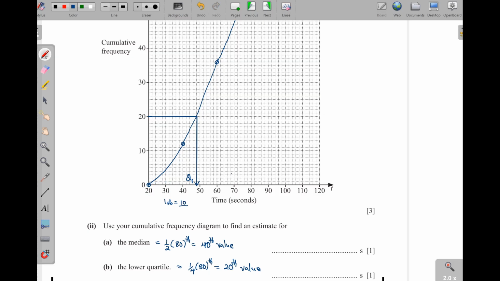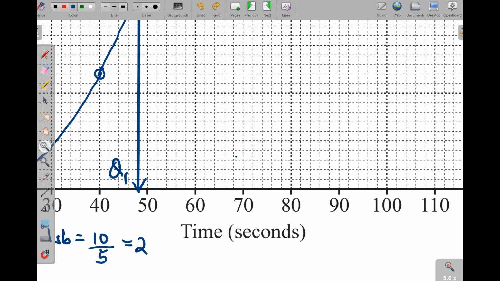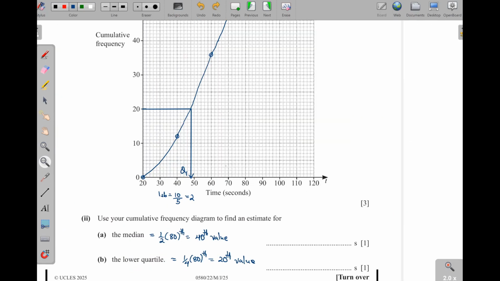So 10 divided by 5 small boxes within means that is 2 units. So 2 times the 4 that go beyond the 40, isn't that 8? So that one becomes 48. Okay, so I'll write my answer here as 48.